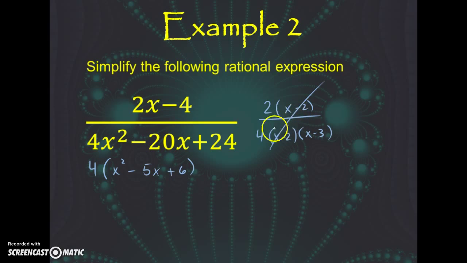You can only factor when the thing you're crossing out is being multiplied by other things. That way it's actually a factor and you're reducing it. This is a term that's a little bit different. 2 and 4 can reduce here because they're being multiplied. My reduced answer is 1 over 2 times x minus 3. That's my solution.